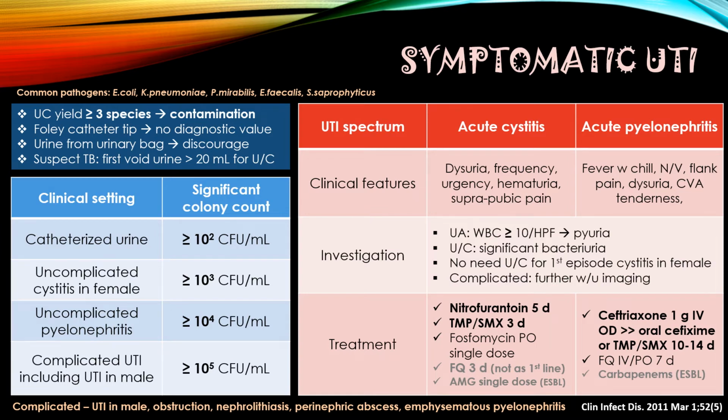This should be suspected if you treat UTI for a while and the patient does not respond, or has back pain, low back pain, or flank pain. You should perform imaging to detect these complications. For males, the most common are obstruction and nephrolithiasis. And in diabetic patients, the common one is emphysematous pyelonephritis.